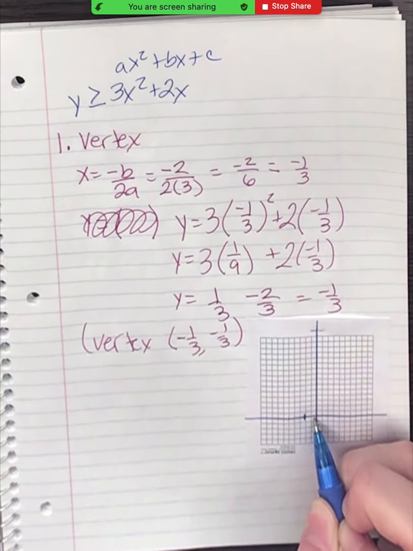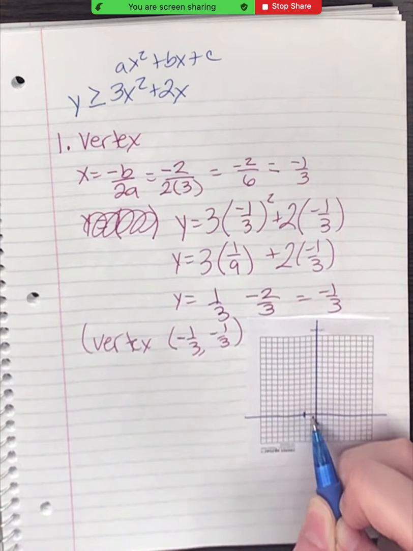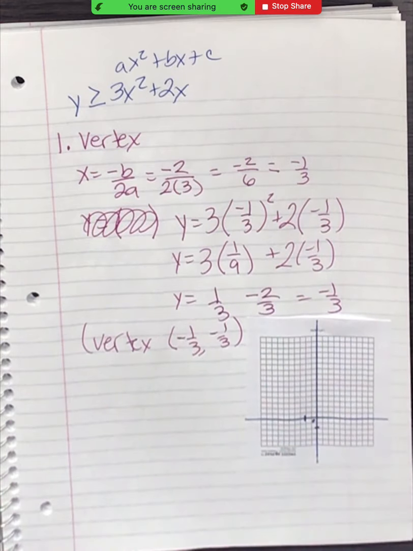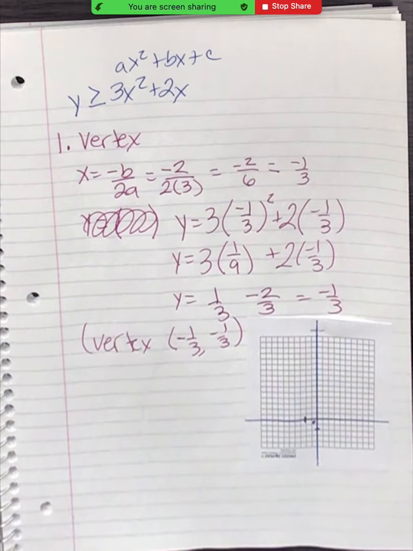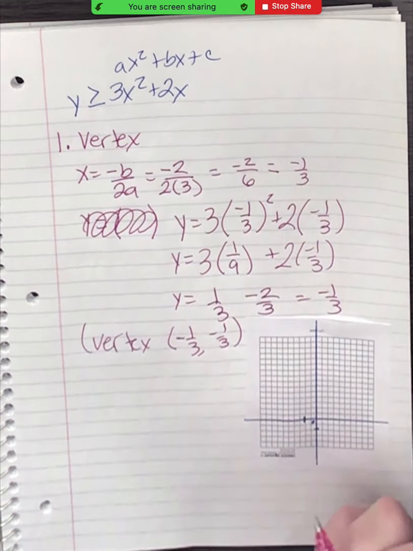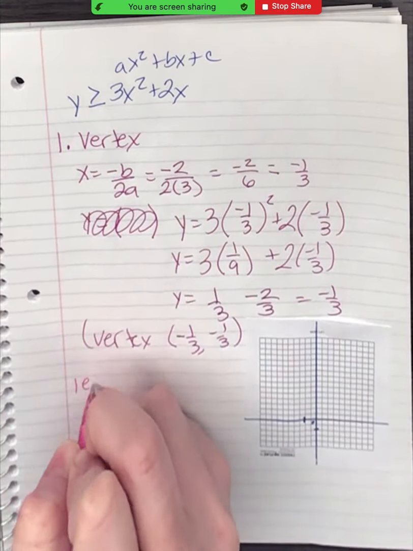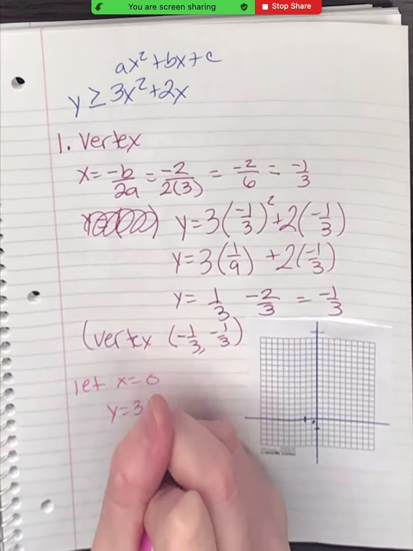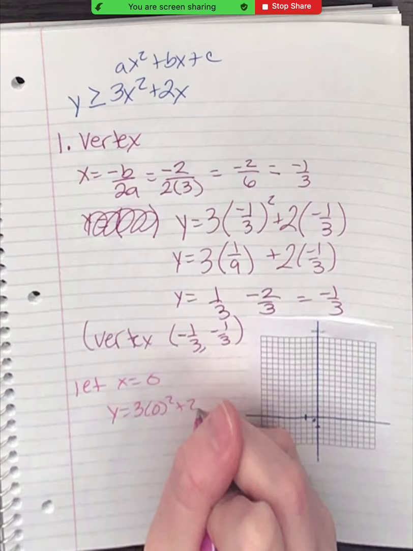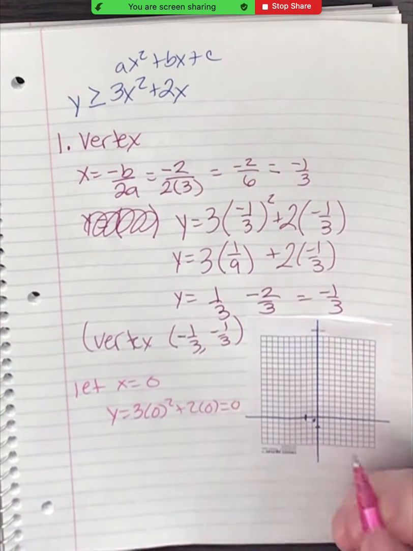So right about here, okay? All right, and then pick a couple of other points. So we're going to let x equals 0, and we get y equals 3 times 0 squared plus 2 times 0, so we get 0.